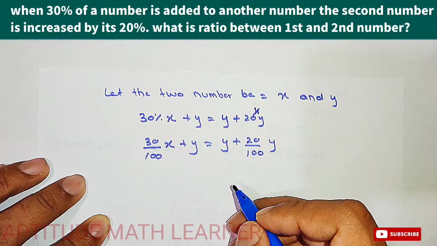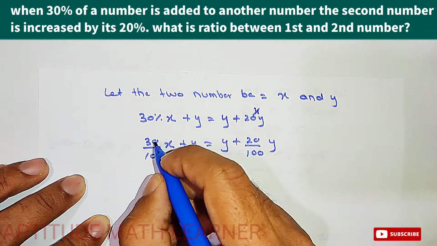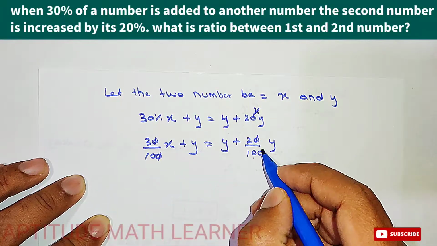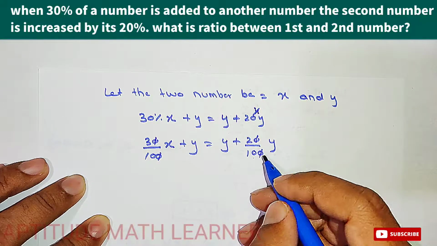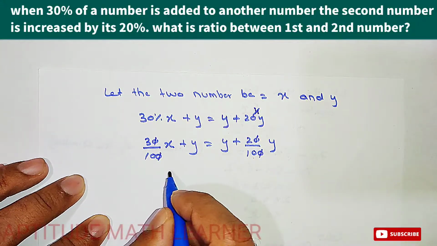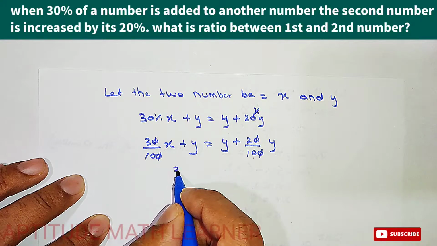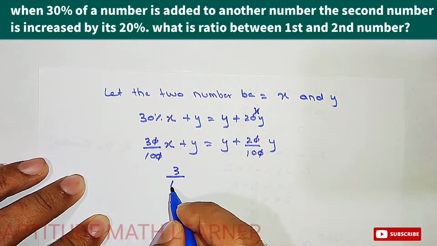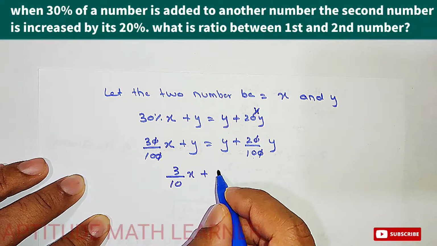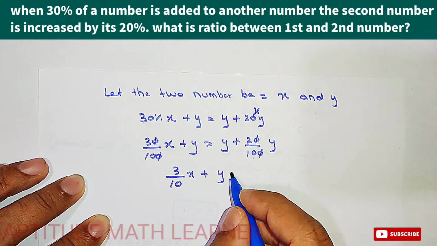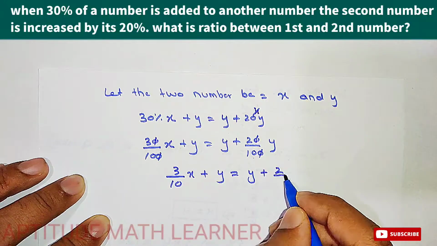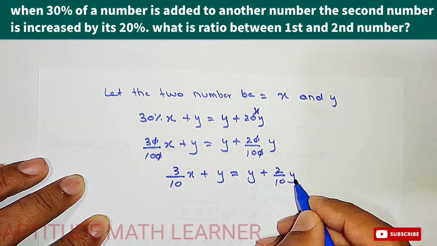Now further solving it, we cancel this 0 and this 0, and from here as well, and this becomes 3 divided by 10 x plus y is equal to y plus 2 divided by 10 y.